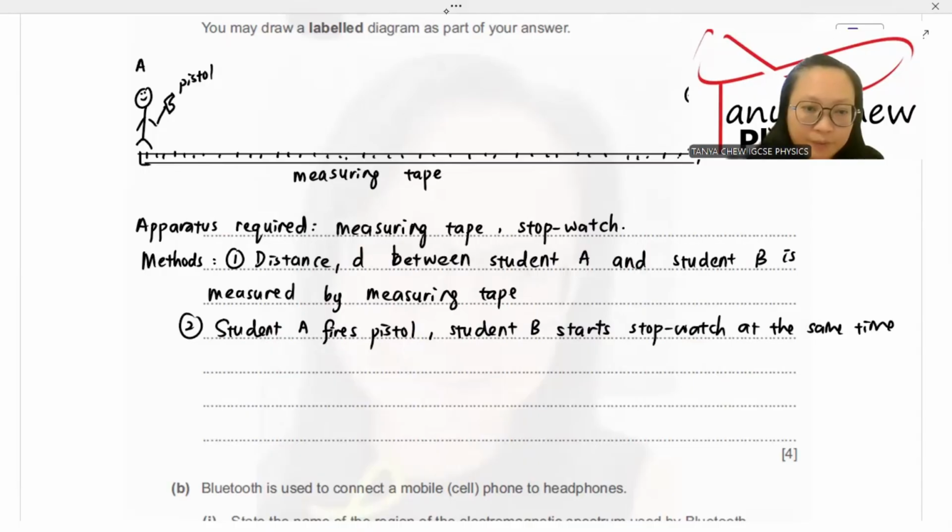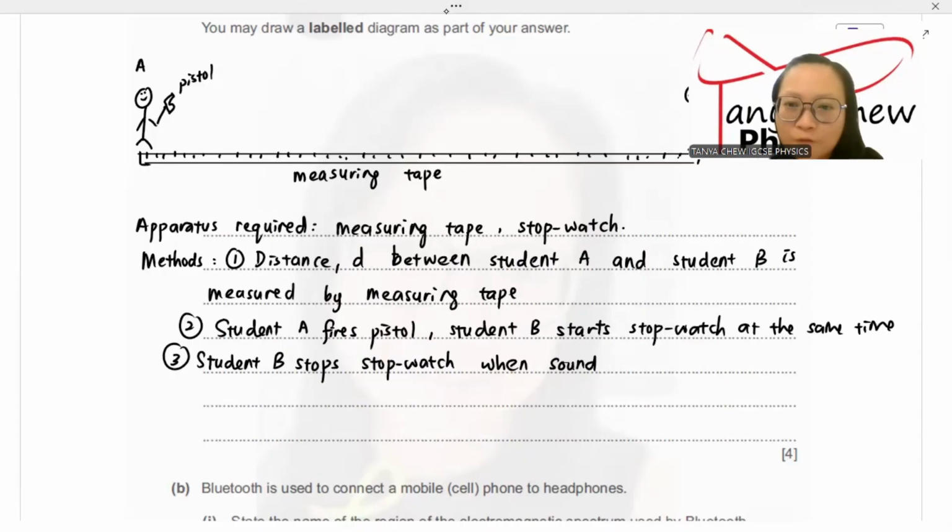And then method 3, I say that student B stops the stopwatch when the sound of the pistol is heard. You hear the sound, stop the stopwatch.